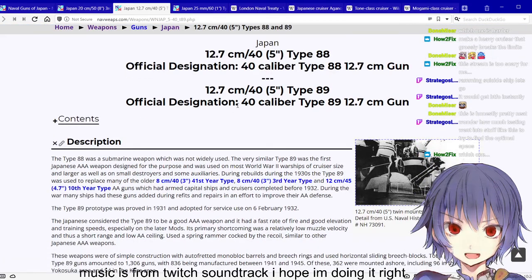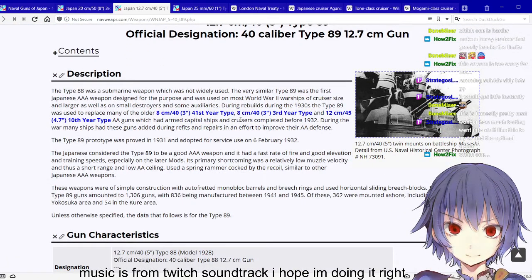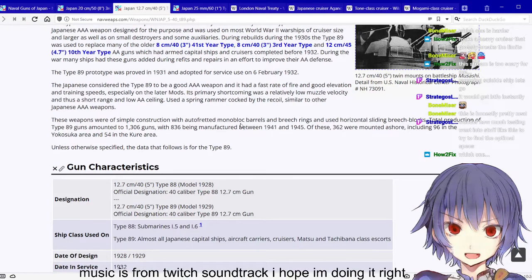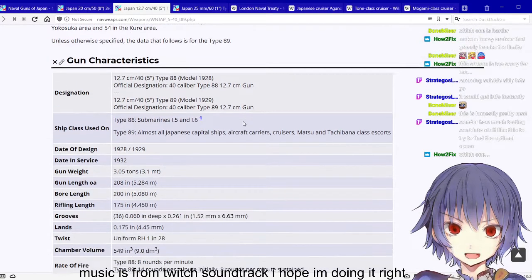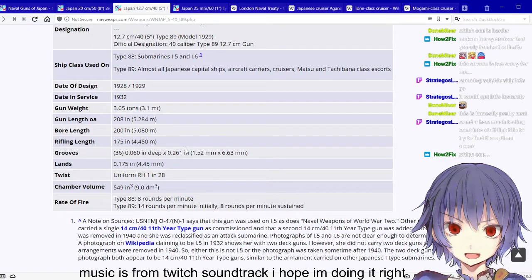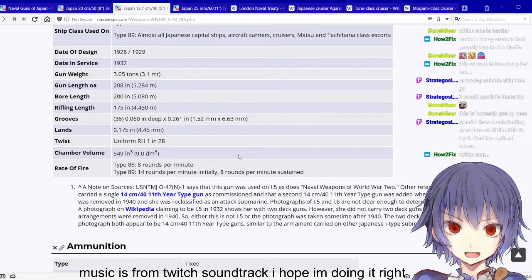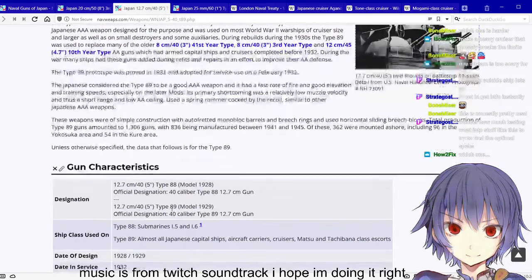The 89 is for all the surface ships. Literally every single surface ship had one, pretty much, other than destroyers in general, I believe. But I think some had a turret replaced with one at some point in the war. Could be wrong. So it's 127 millimeters or 5 inches, 40 calibers.